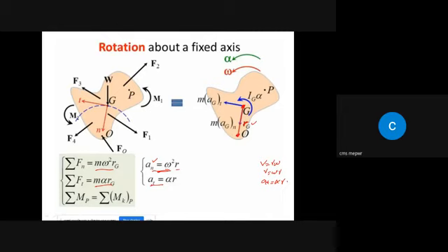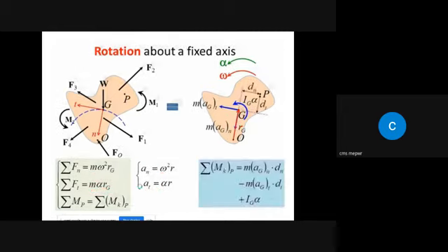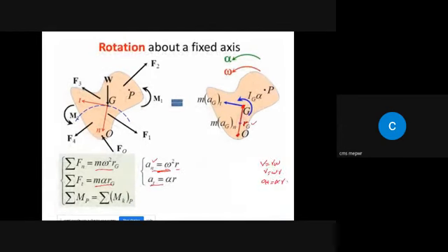Means, for example, if this is the point where rotation takes place and this is the mass center G, the position vector showing position of point G with respect to this origin, the point about which rotation takes place, is RG.